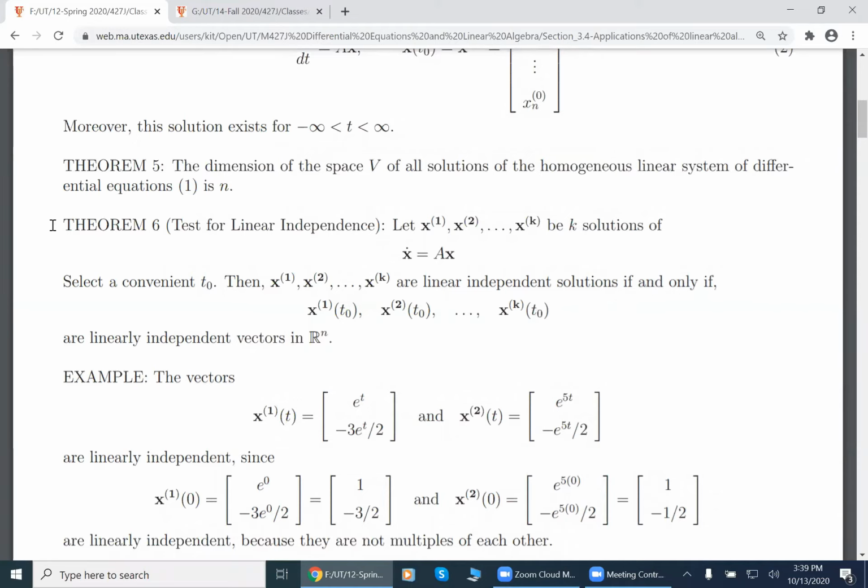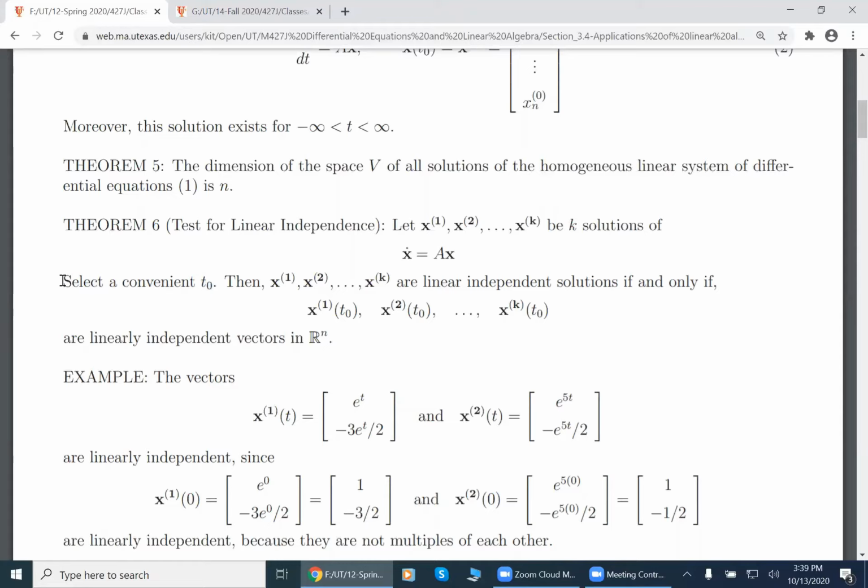However, note that Theorem 6 consists of 3 sentences, not just one sentence. Therefore, in order to use it as the dependence test, we have to negate the whole thing, including sentence number 2.